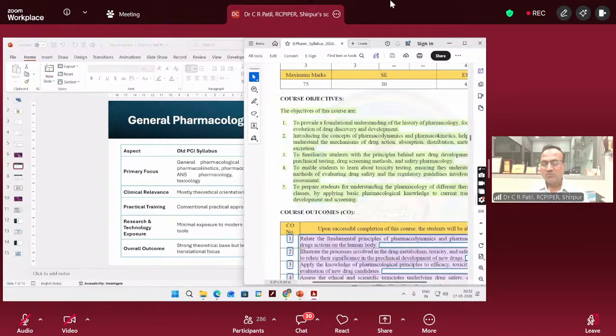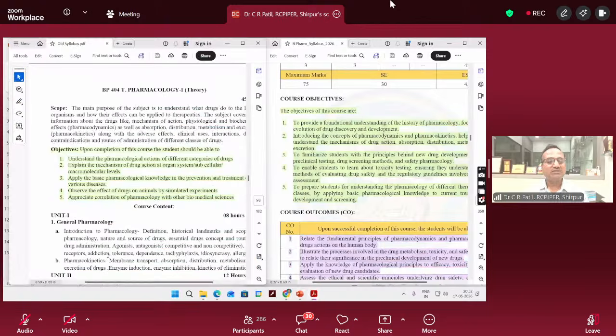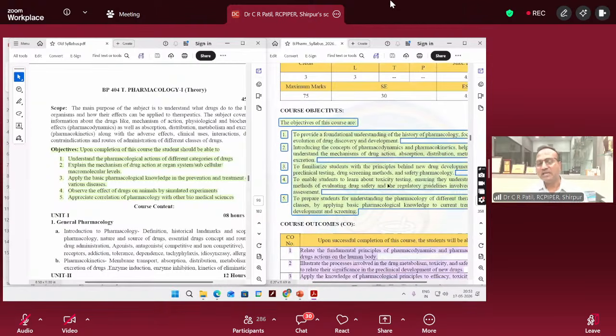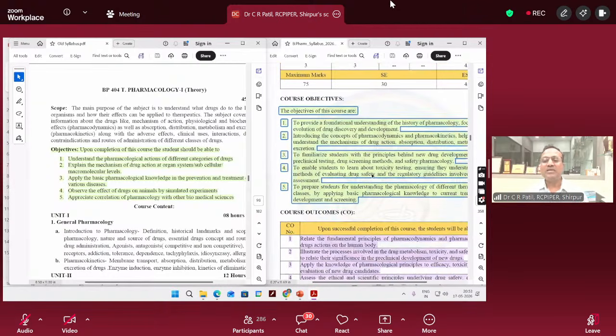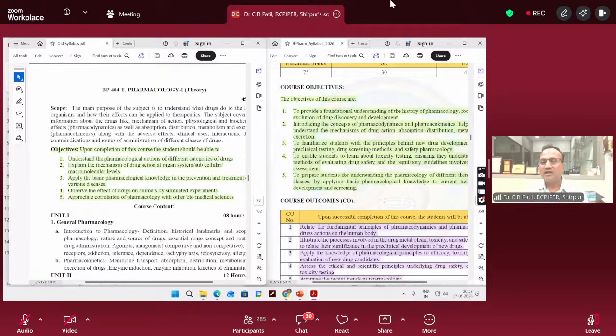If you compare the old syllabus of Pharmacology 1 with the new NEP syllabus, you will see that all the course objectives have been nicely defined, and the content below meets these objectives.